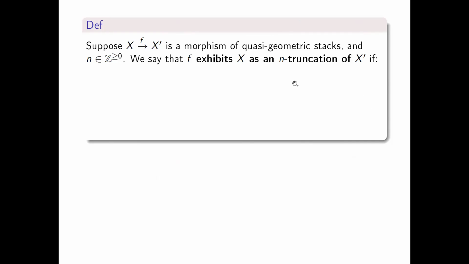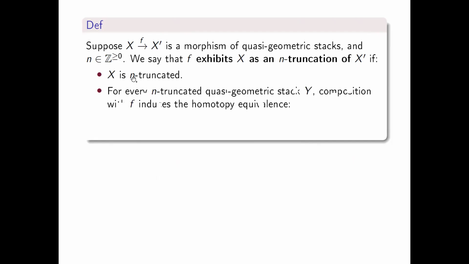Then we say that F exhibits X as an n-truncation of X dash if X is n-truncated, and for every n-truncated quasi-geometric stack Y, the composition with F induces a homotopy equivalence between the maps from Y to X and Y to X dash.